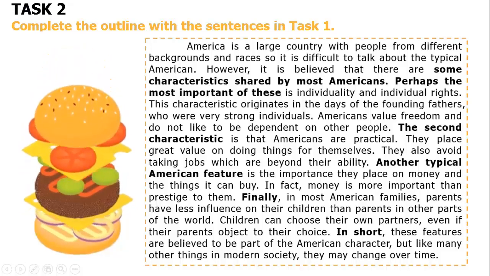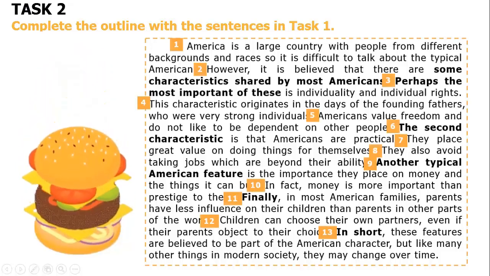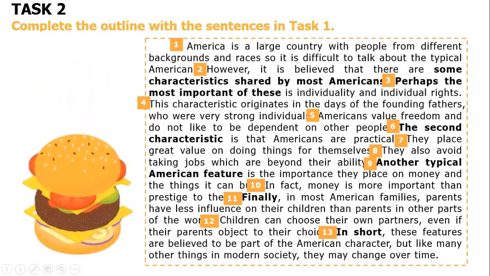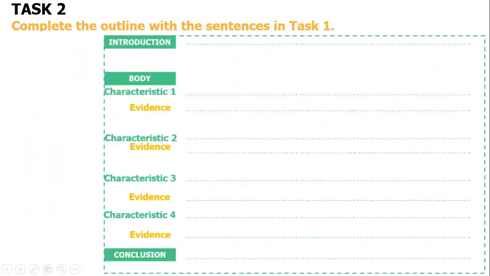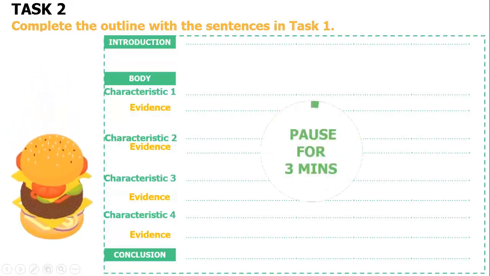We have a total of 13 sentences. Now, complete the outline with the numbered sentences in Task 1. Pay attention. There are gaps where you can fill with 2 sentences. 3 minutes for you to do the task.